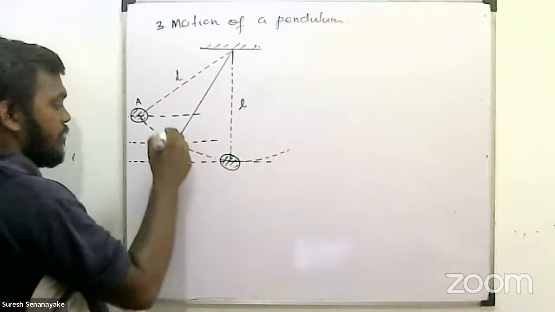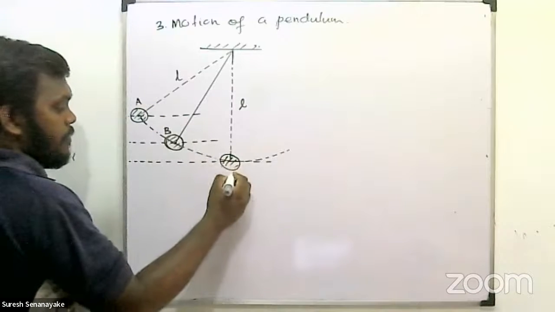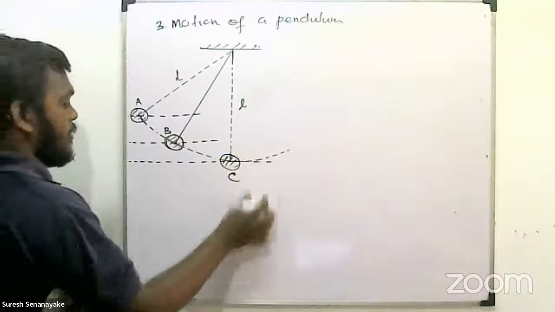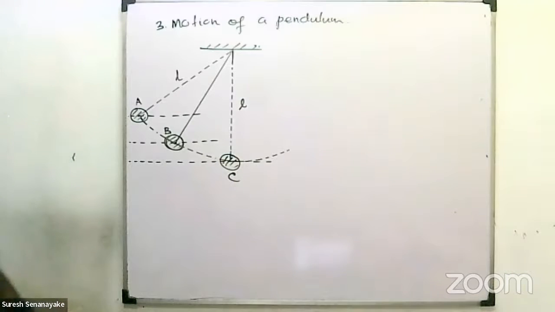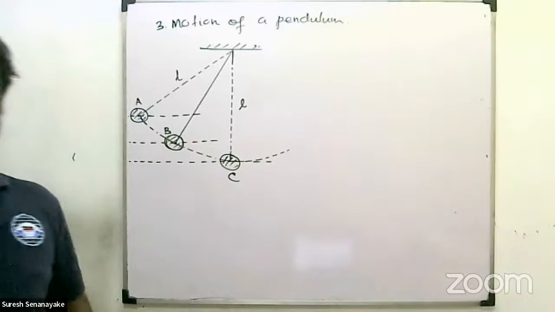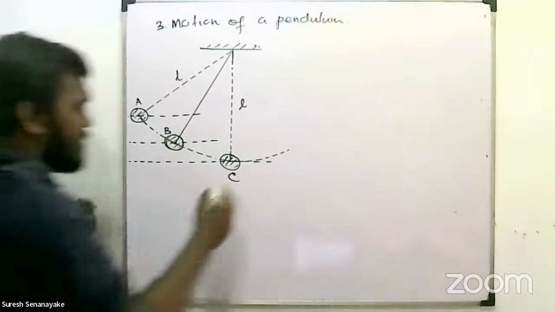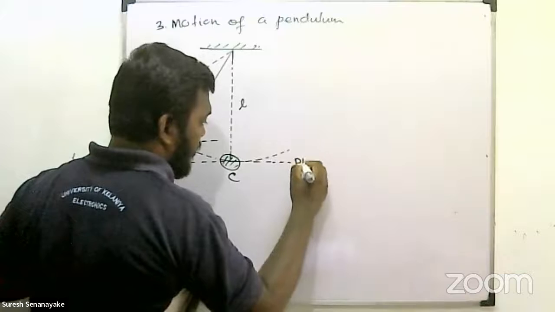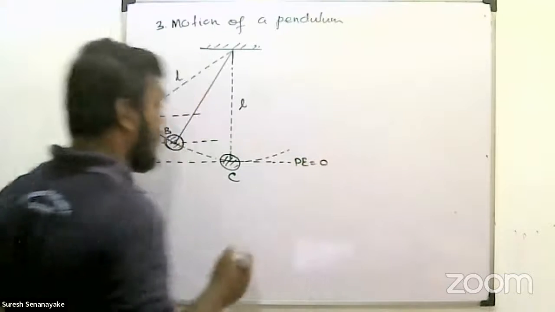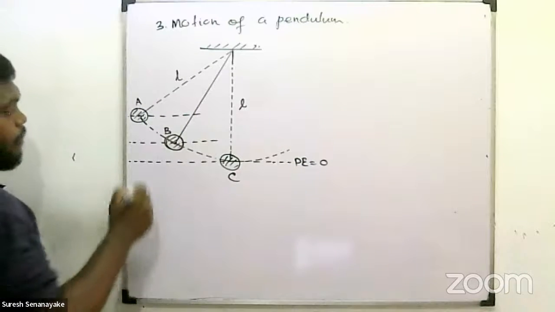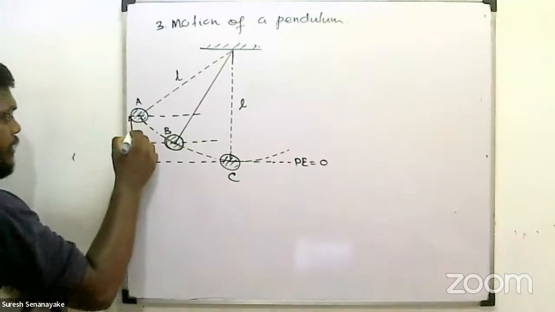First you draw this one. The positions I'm considering as A, B, C. And this level I'm considering that potential energy is 0.